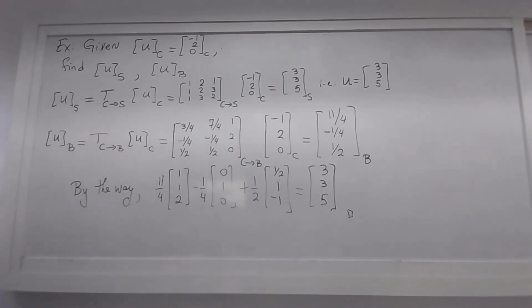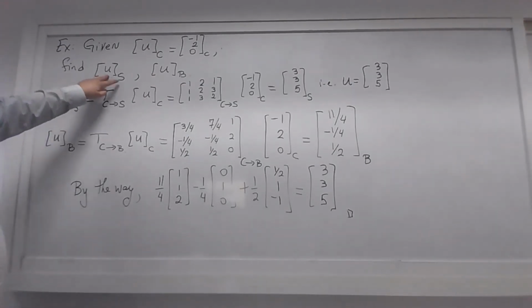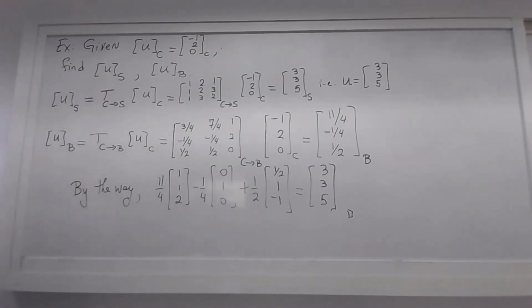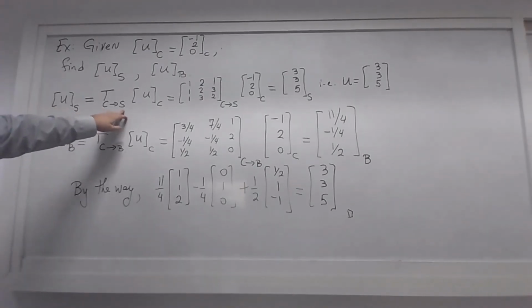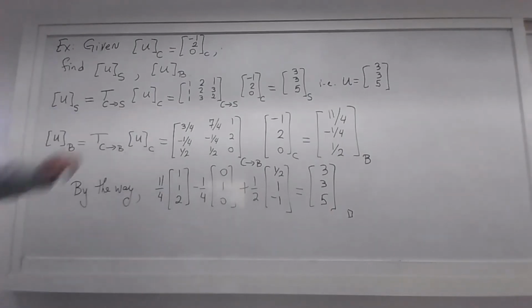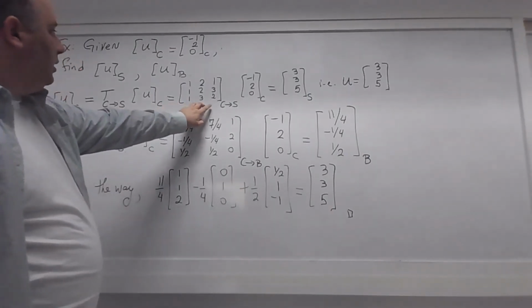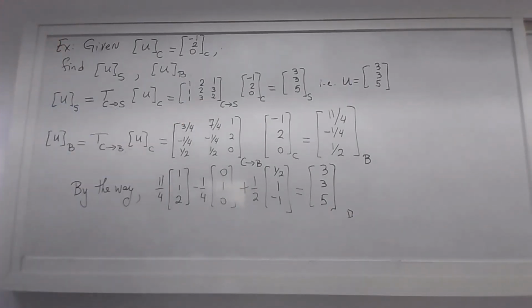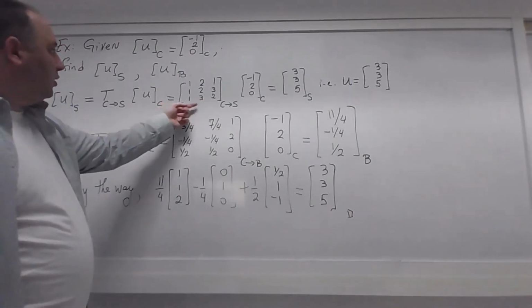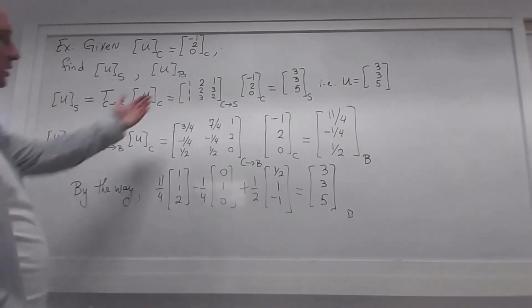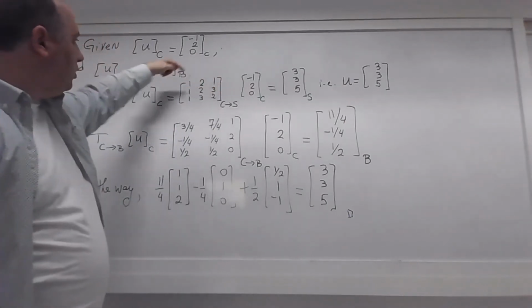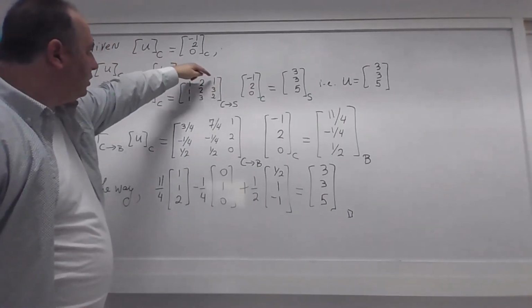We remember that the coordinates of u in standard basis are the same as the entries of the vector, by the way. So we can use the transition matrix from basis C to standard basis and multiply it by the coordinates of u in basis C. So this is just the matrix containing vectors from basis C, and we multiply it by the coordinates in basis C. So basically, it's minus 1 times this, plus 2 times this, plus 0 times this.